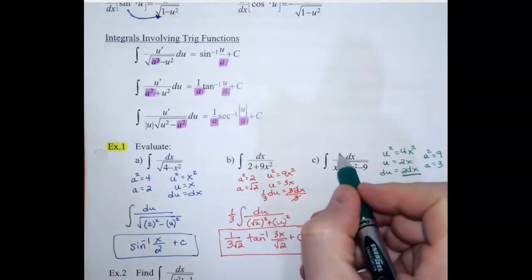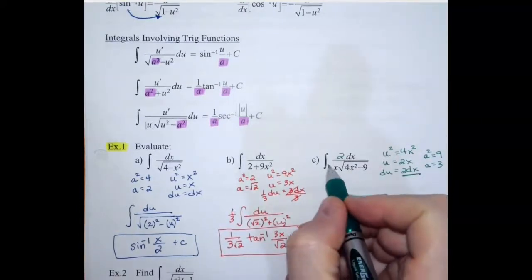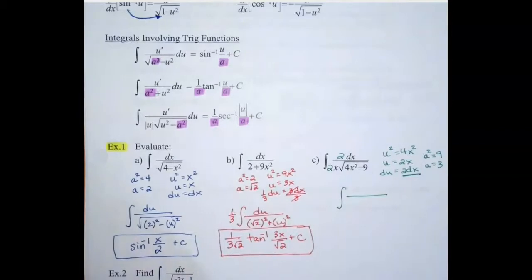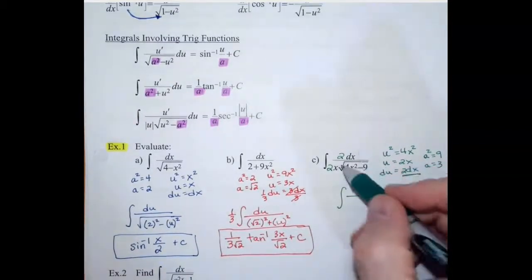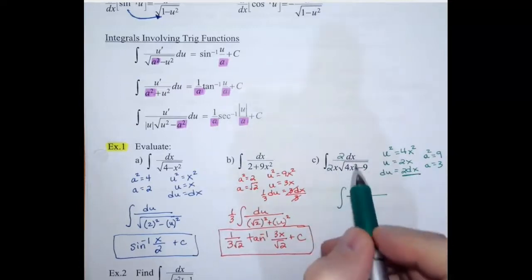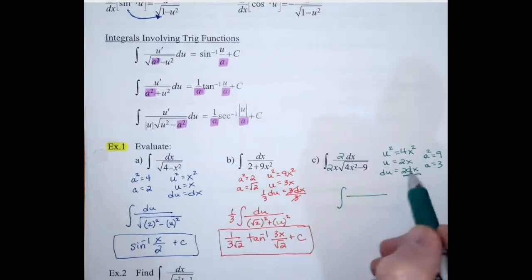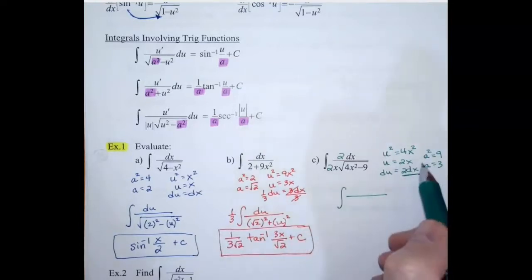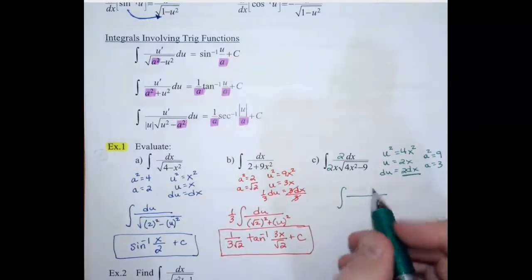Well, that's pretty convenient because 2/2 is 1. So we can multiply this by 2/2. That'll give us the 2 with the dx that we want. It'll also give us the 2 with the x to be able to replace that with u.